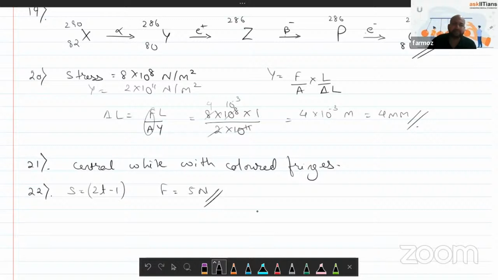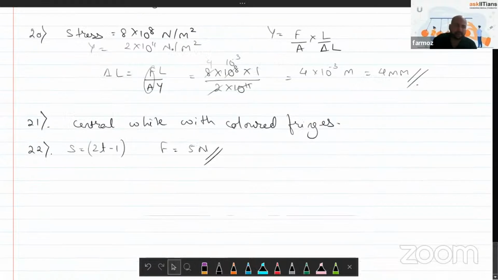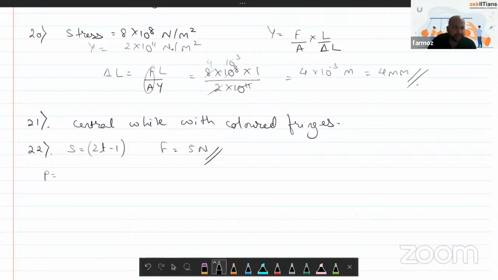The value of instantaneous power. Now see, if I'm talking about the power, we have that formula, that power can be given as dW by dt. Or we also have that formula that power is nothing but force into velocity. Now see, if you try to differentiate displacement, velocity is ds by dt.